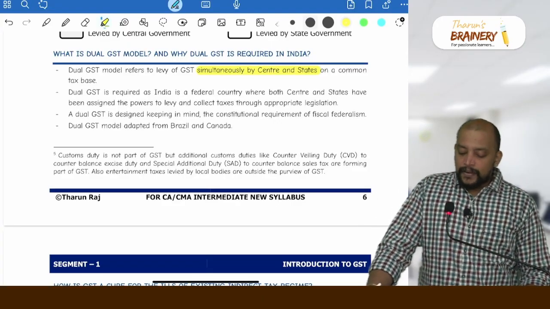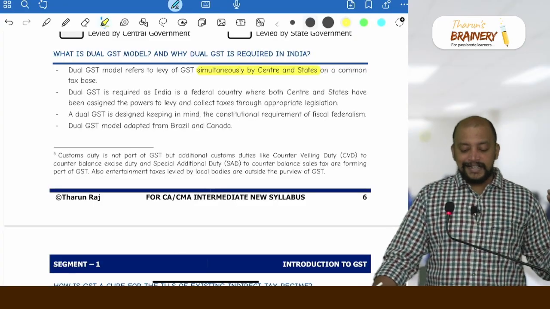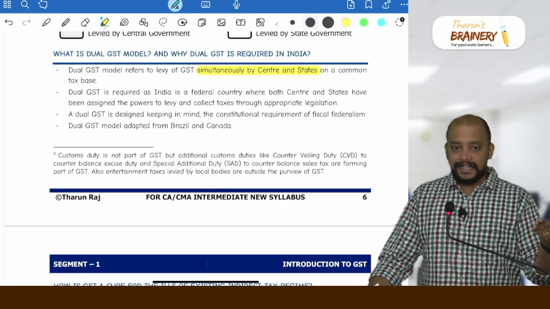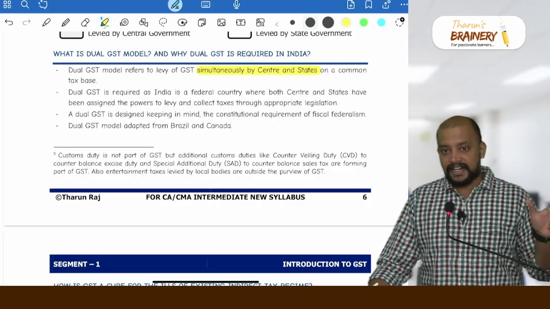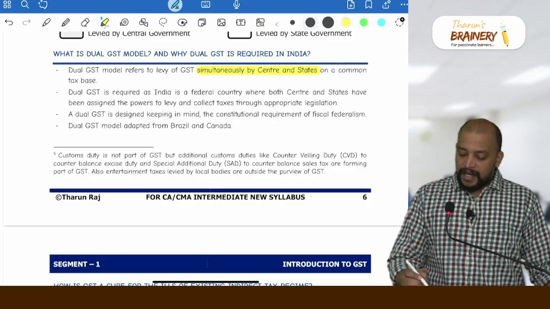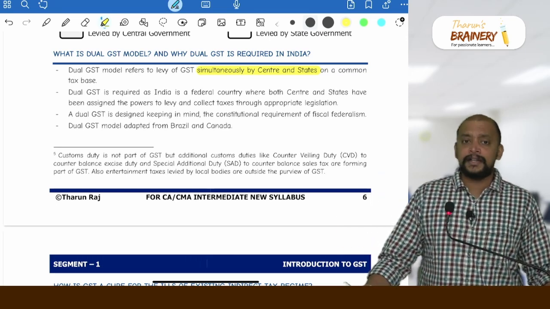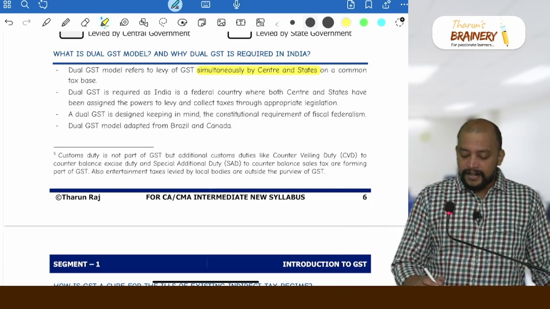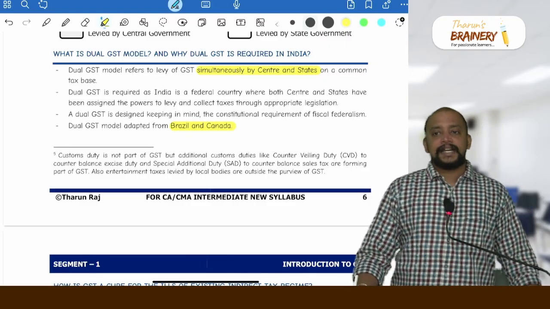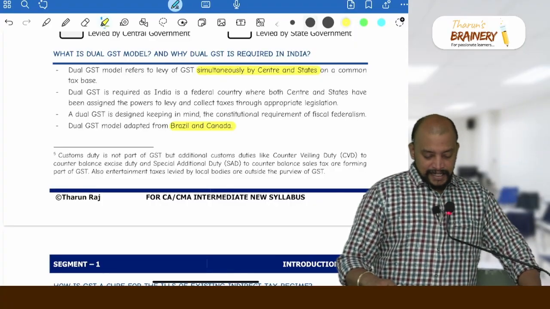Dual GST is required as India is a federal country where both center and states have been assigned powers to levy and collect taxes through appropriate legislation. I told you India is a federal country because of that. A dual GST is designed keeping in mind the constitutional requirement of fiscal federalism, and India adopted this dual GST model from which countries? Brazil and Canada.